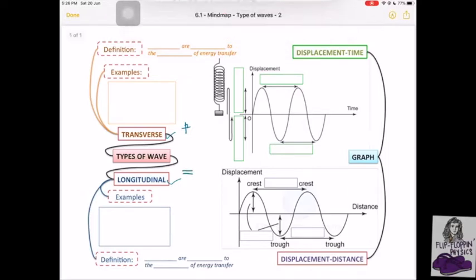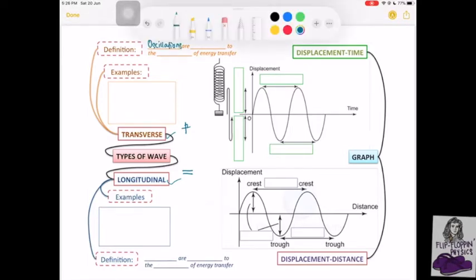So in terms of definition, you can write that for a transverse wave, the oscillation, or you can also write vibration if you want, is perpendicular to the direction of propagation or direction of energy transfer.